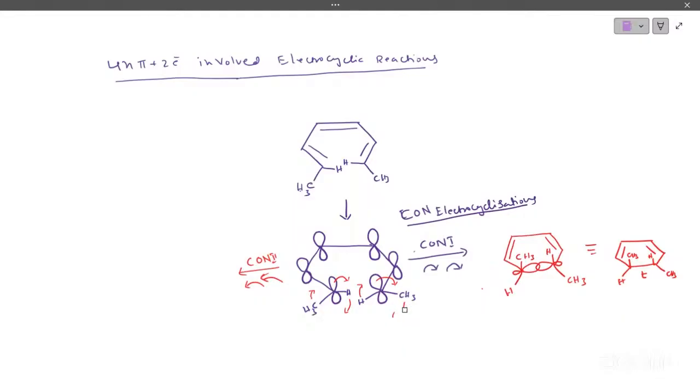I'm removing previous illustrations. I may take the fresh one also, no problem. Okay.